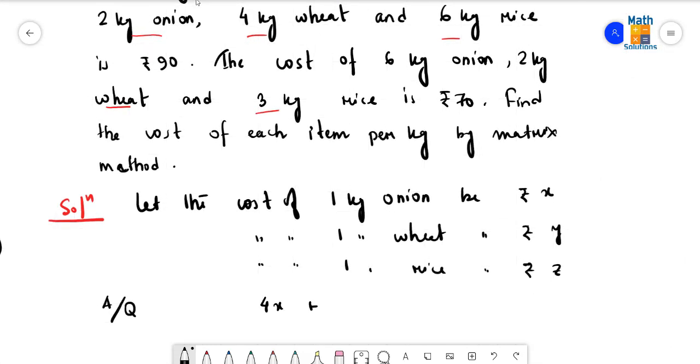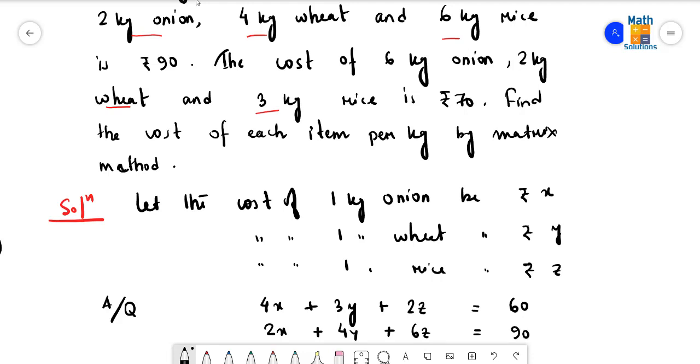4x plus 3y plus 2z is equal to 60. Then in the second sentence, twice x plus 4y plus 6z is equal to 90.